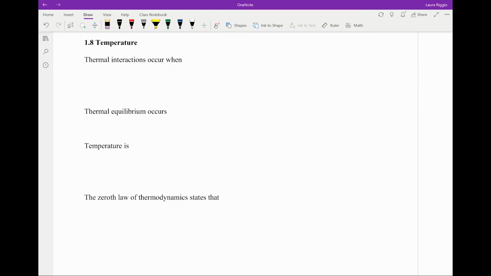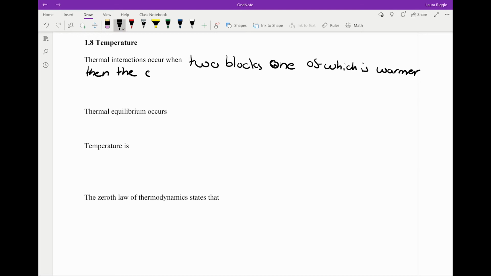In today's lecture, we're going to go over temperature. Thermal interactions occur when you have two blocks, one of which is warmer than the other, and they're brought into contact.